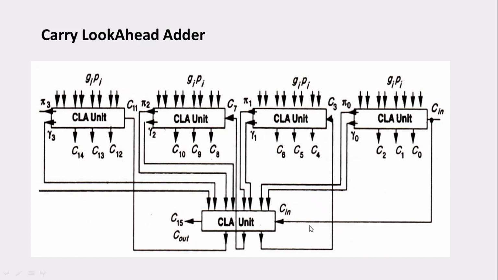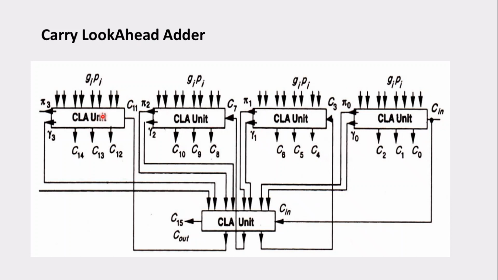The example we had seen is only a 4-bit carry look ahead adder. But if you have an adder with more bits, we can compute in terms of different carry look ahead units. If you look at this example, here again I have a carry look ahead unit.